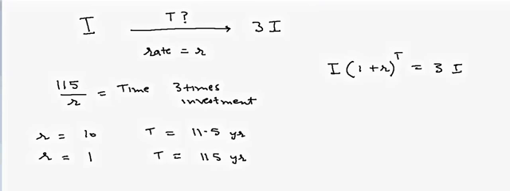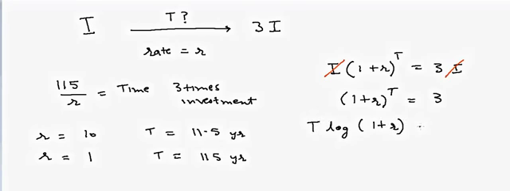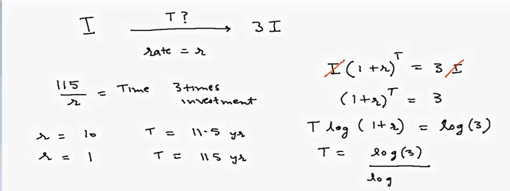In that case, I will cancel out, and we're left with 1 plus r raised to power t is equal to 3. If we take log on both sides, t times log of 1 plus r is equal to log of 3. So t is equal to log of 3 divided by log of 1 plus r.